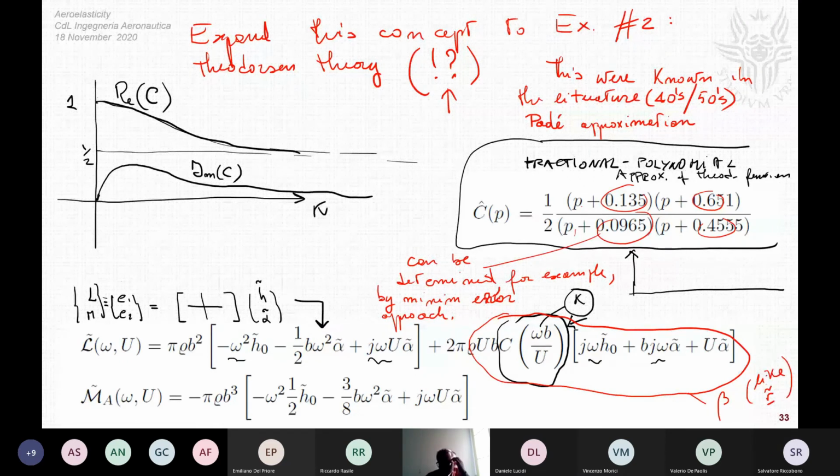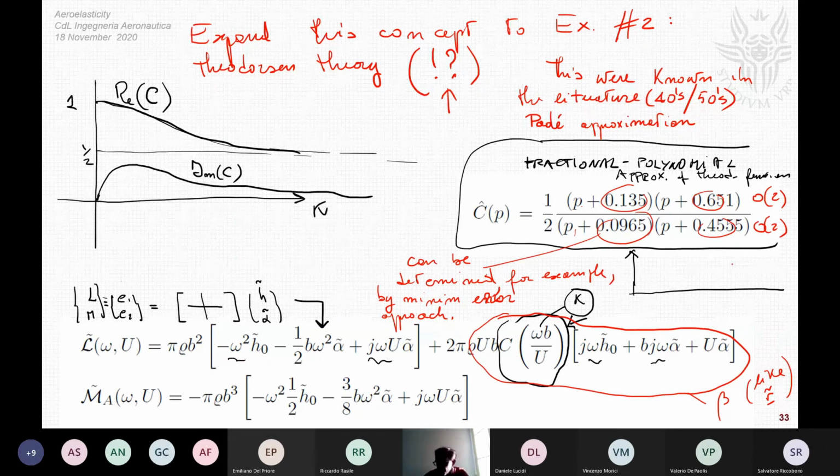But the point is that this C is not a proper fraction, because the degree of the numerator is of order 2, and the denominator is of order 2 as well.